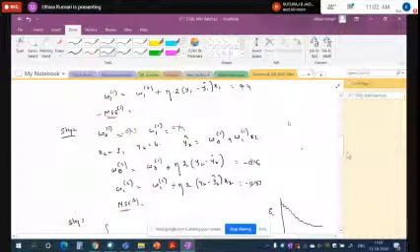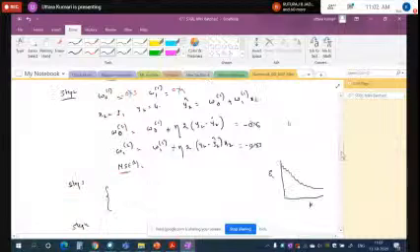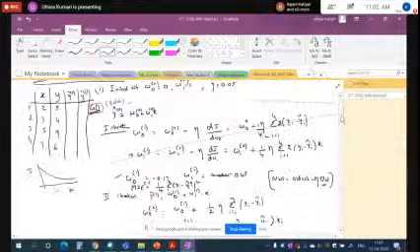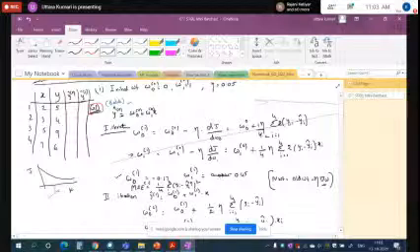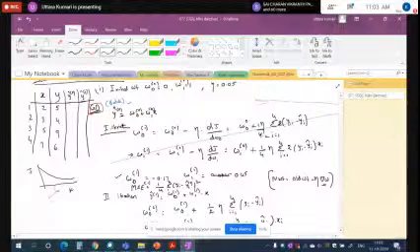That's all. Actually, this concept is correct: minus eta into dj by dw naught. But when you differentiate it, because there is a minus here, you are getting plus here.